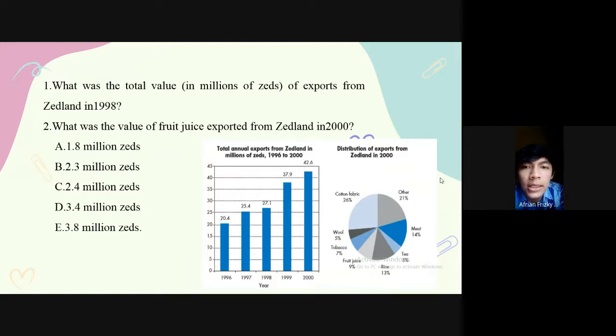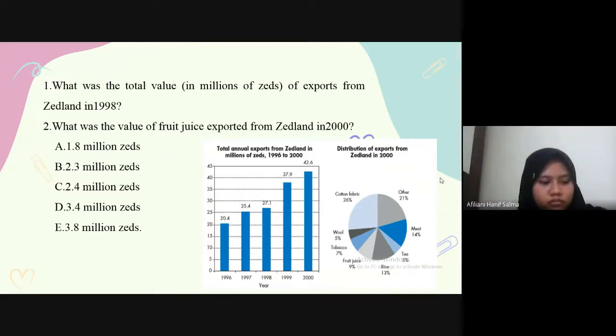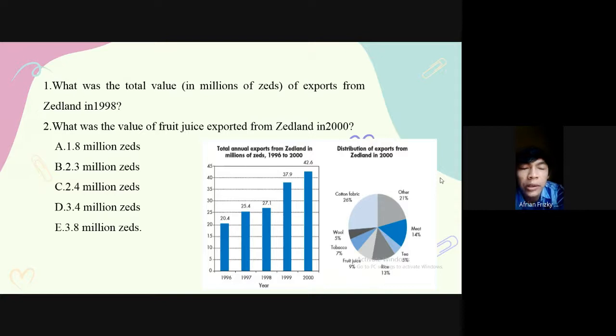Okay, next. The next is about mathematical literacy too, like the previous question. What was the total value in millions of zeds of exports from Z-Land in 1998? And the second, what was the value of fruit juice exports from Z-Land in 2000?